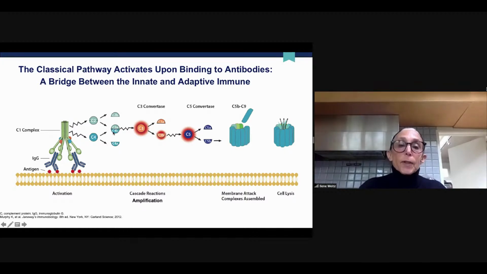C4b2a is the C3 convertase, converting C3 to C3a and C3b. C3b then coats whatever cell it binds to, and two fixed C3bs, along with a fragment from factor B, will act as C5 convertase and push the system forward to cleave C5 to C5a and C5b. C5b fixes the terminal complement complex, punching a hole in a membrane, making a micelle in the membrane.